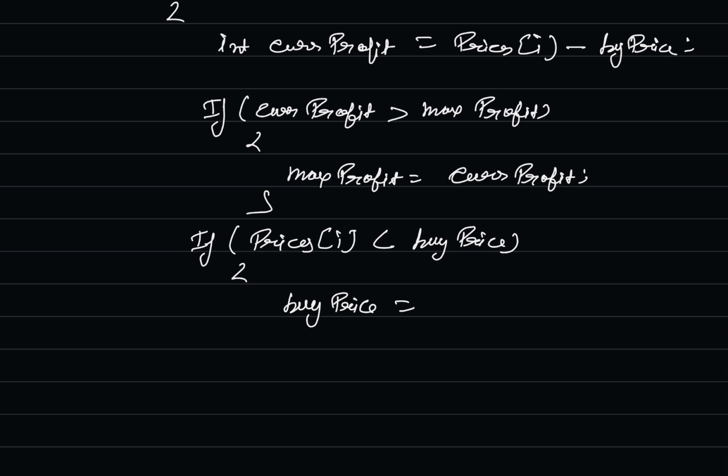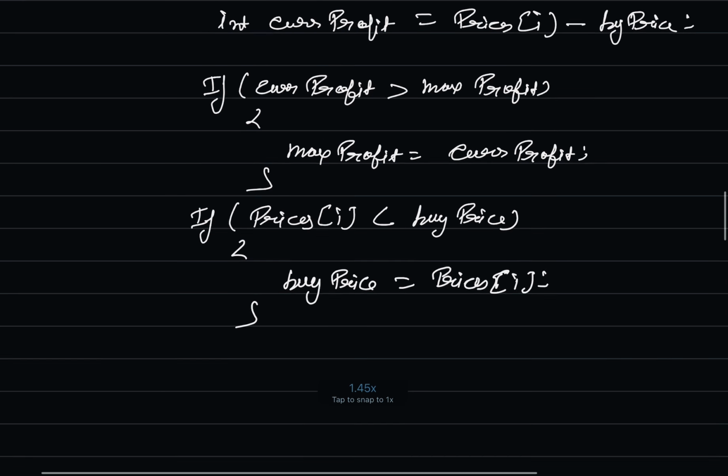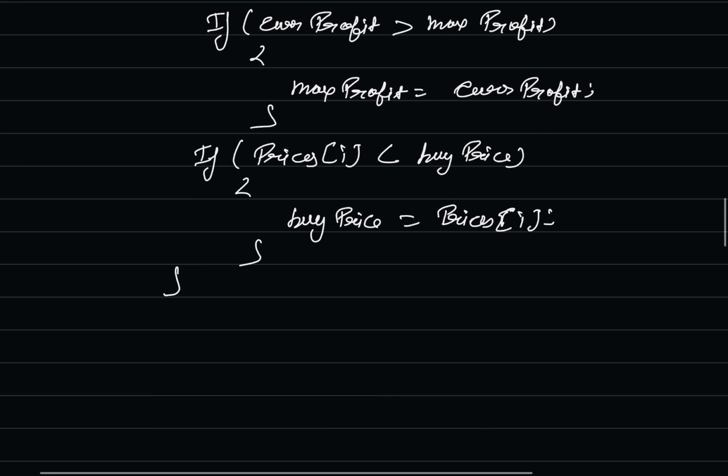The current price of the stock is prices[i]. Then close the loop and return your maximum profit.